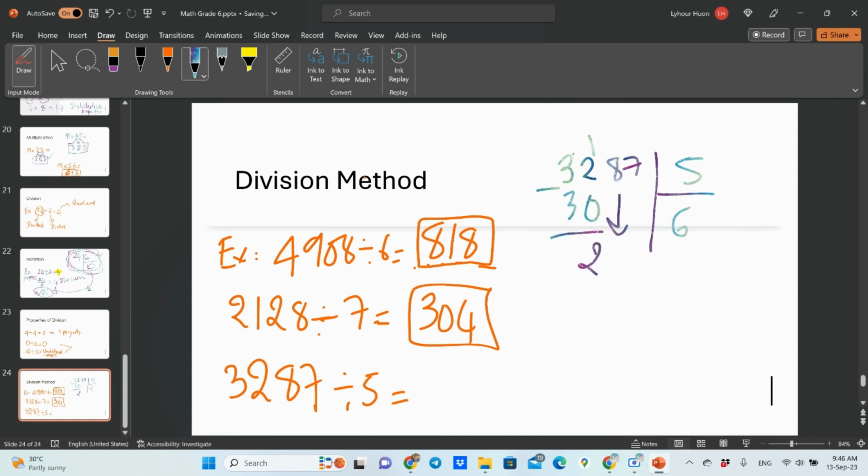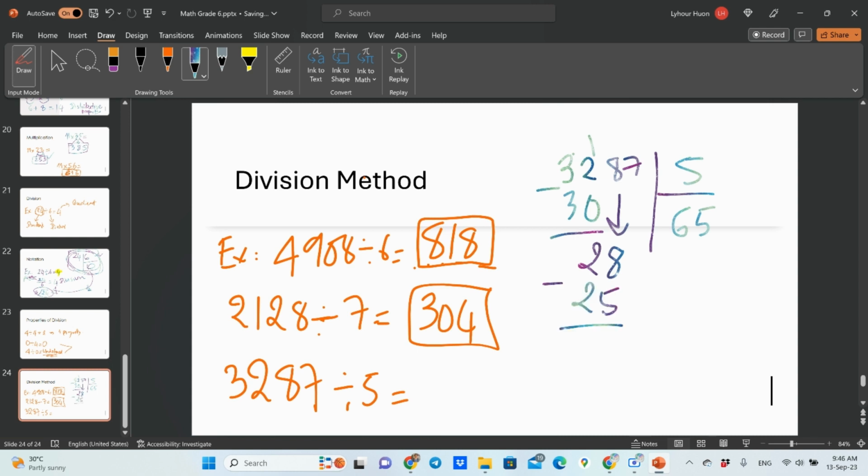Then we drop one digit, which is 8. How many times does 5 go into 28? 5. 5 times 5 is 25.